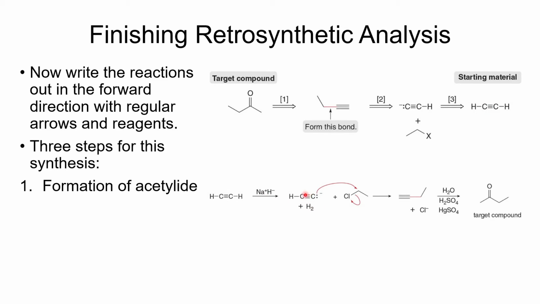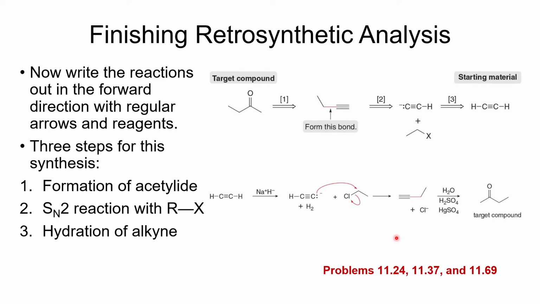With acetylide, we can then treat that in a second step with chloroethane, and we can do an SN2, and that will give us this. And then we can take that alkyne and do hydration. Because it's terminal, we need to use mercury sulfate, and we can get our target compound. So we can think of these reactions in that reverse order.